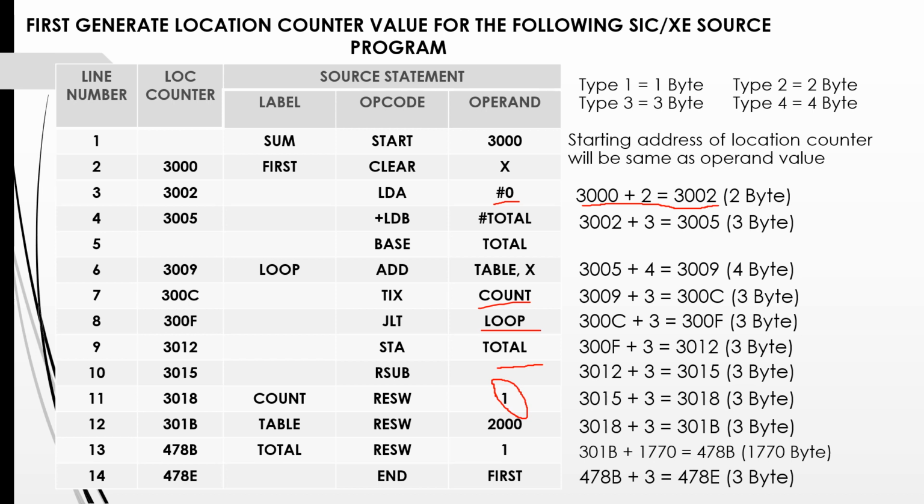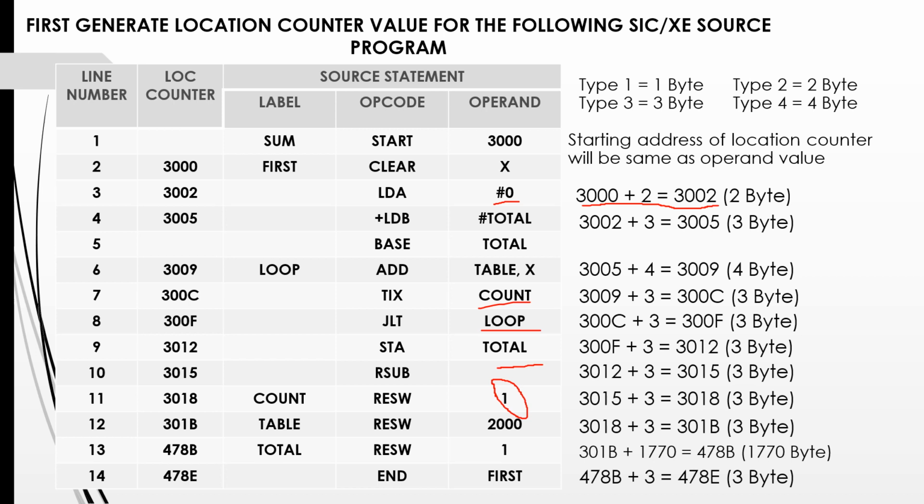Then the reserved word has the operand of 2000. The 2000 words reserved is equal to 6000 bytes, which converted to hexadecimal value gives 1770 bytes. So by adding 301B and 1770, you will get 478B.